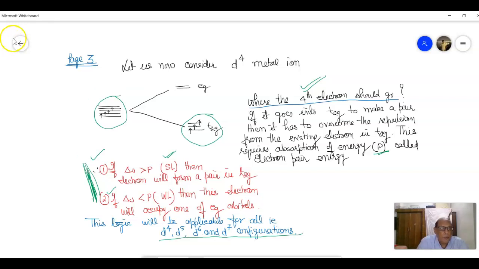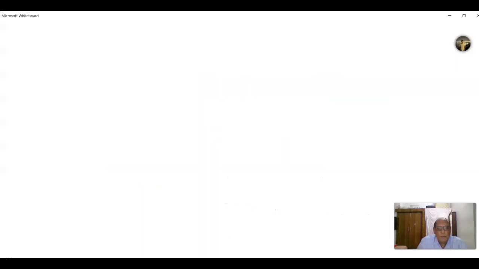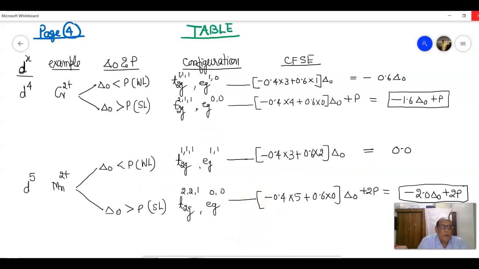Let us see how. For that, go to page number 4. Here we find a table. So this is d4. Example is Cr plus 2. The first case, delta O less than P, weak ligand.